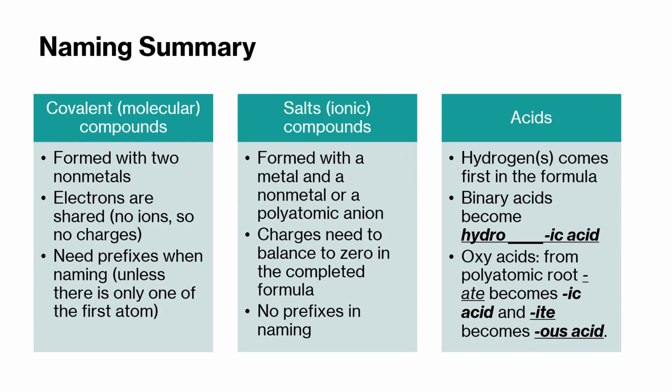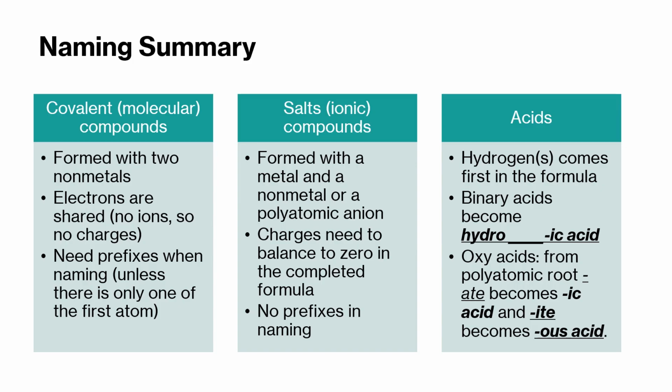Okay, so this is a summary of what we're working with: the molecular, ionic, and acid naming. Covalent or molecular compounds have two nonmetals within them. There's no charges, no ions. You must use prefixes when you're naming, and you only use the mono, di, tri, etc. within the molecular naming.